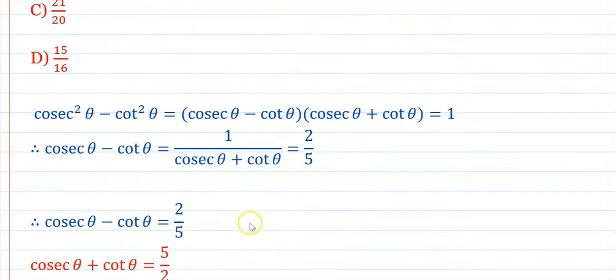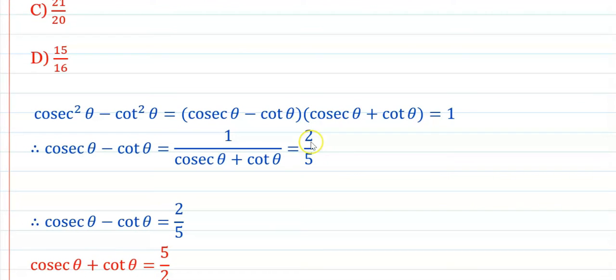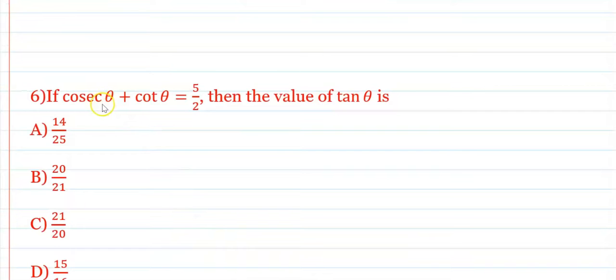But cosec theta plus cot theta is equal to 5 by 2, so its reciprocal is 2 by 5. And hence cosec theta minus cot theta is equal to 2 by 5. So directly also we can write that if cosec theta plus cot theta is 5 by 2, then cosec theta minus cot theta is the reciprocal of this, that is 2 by 5.